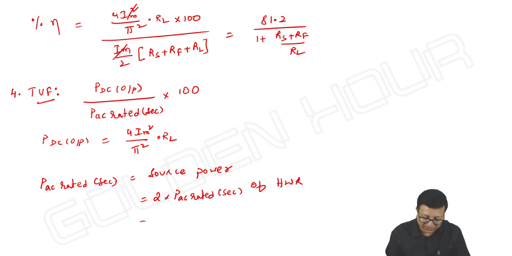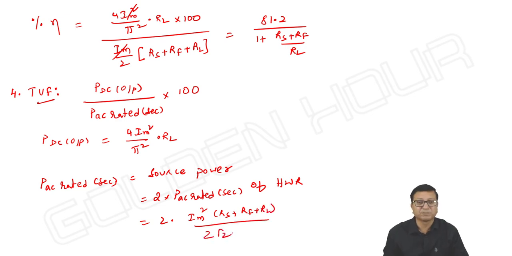That's it. So it is 2 into, what is PAC rated of half-wave rectifier? We have studied, it is Im square into Rs plus Rf plus Rl by 2 root 2. So this 2 and this 2 get cancelled, and it is Im square by root 2 into Rs plus Rf plus Rl. Then the transformer utilization factor. With respect to the transformer secondary winding, what is the utilization or conversion efficiency?